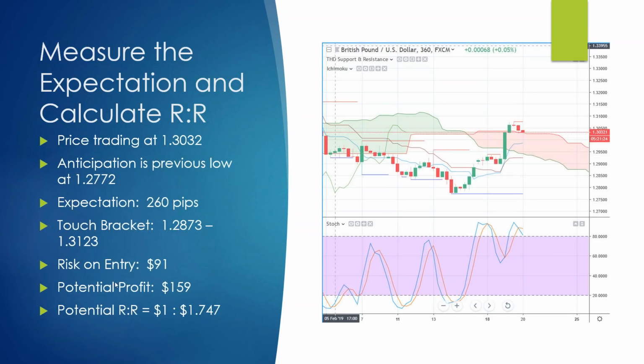Any questions? I did this with the Ichimoku, but you could do this with any indicator. The only difference is I had one that did support and resistance, and I had one that showed me when the market was overbought and oversold. And I combined those two with price pivots.